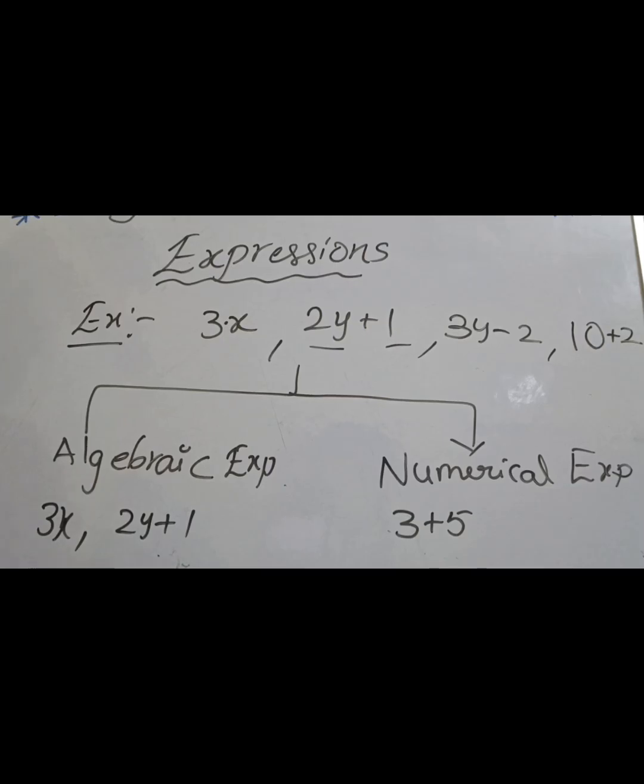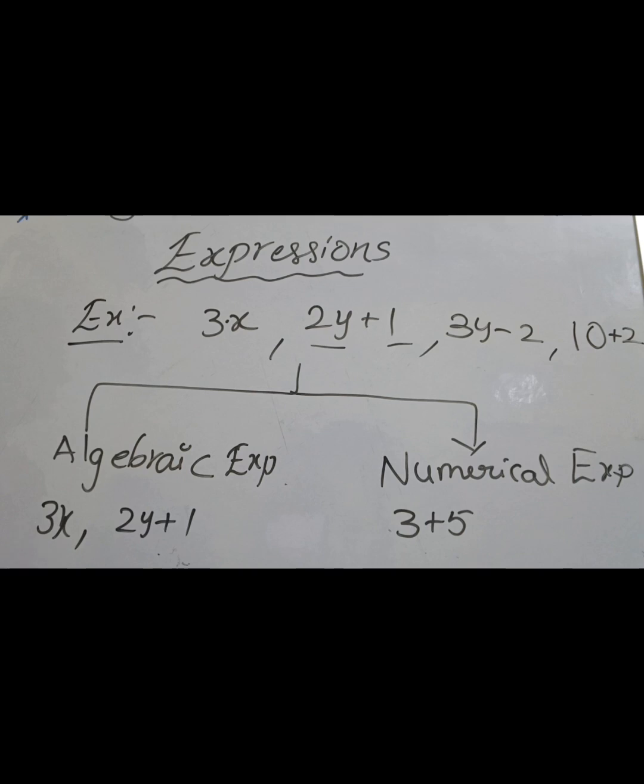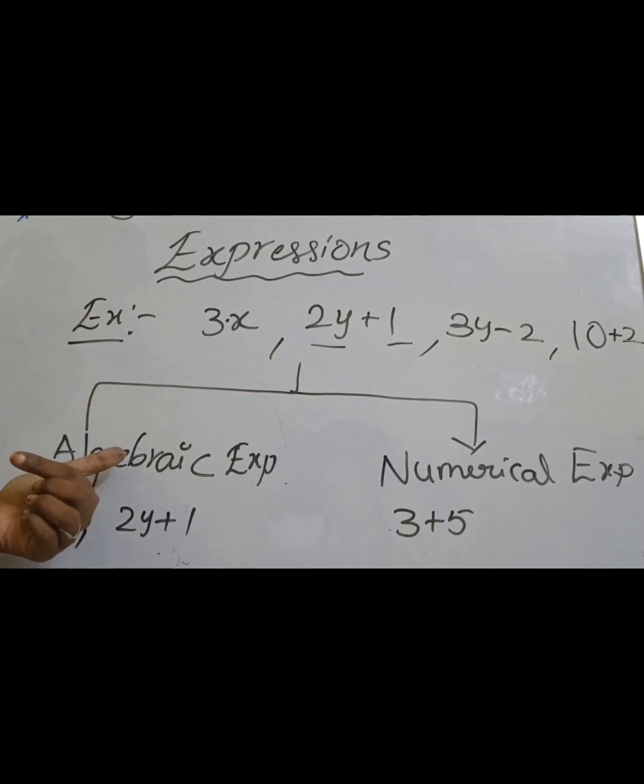Clear? Only numerals will be there in a numerical expression, and in an algebraic expression we can see numerals as well as constants and the combination of both also, right? Those are called algebraic expressions. Clear, children? Before, what did we learn? Terms we learned, and after that coefficient, and after that expressions.